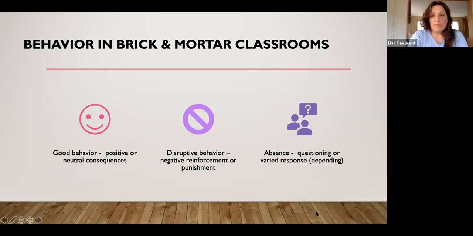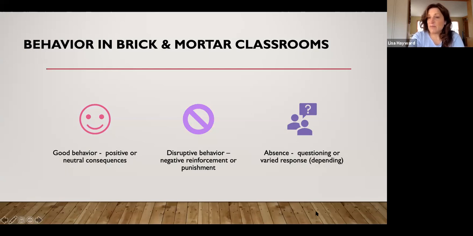So behavior in a brick and mortar classroom, we all know good behavior results in positive consequences for the students, or neutral behavior. Students are well behaved, teachers and administrators can go about their daily business. When a student engages in disruptive behavior, we all know, the student knows, the family of the student knows that there's likely to be negative reinforcement, or if the behavior is extreme, there might be punishment.